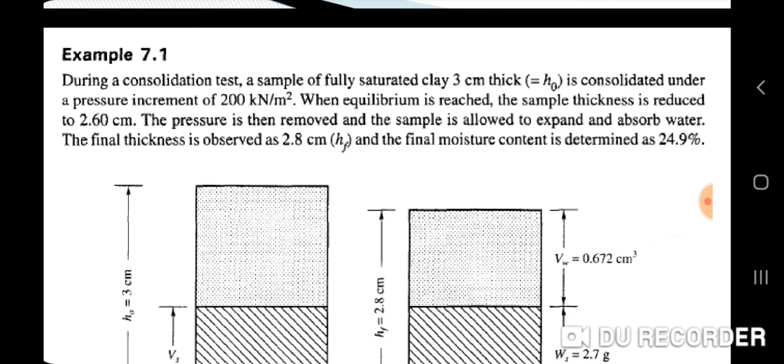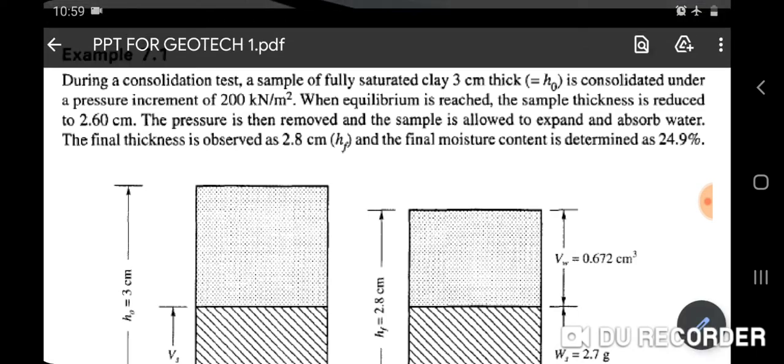This is the first example given in the book. The example says: during a consolidation test, a sample of fully saturated clay 3 centimeter thick is consolidated under a pressure increment of 200 kilonewton per meter square. When equilibrium is reached, the sample thickness is reduced to 2.60 centimeter, and the pressure is then removed and the sample is allowed to expand and absorb water.